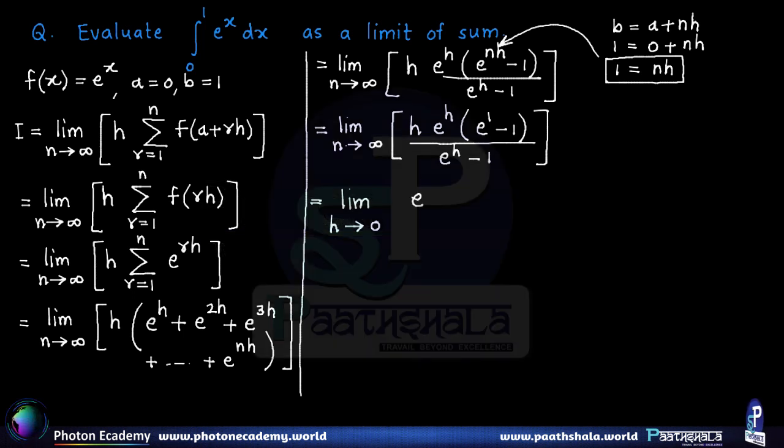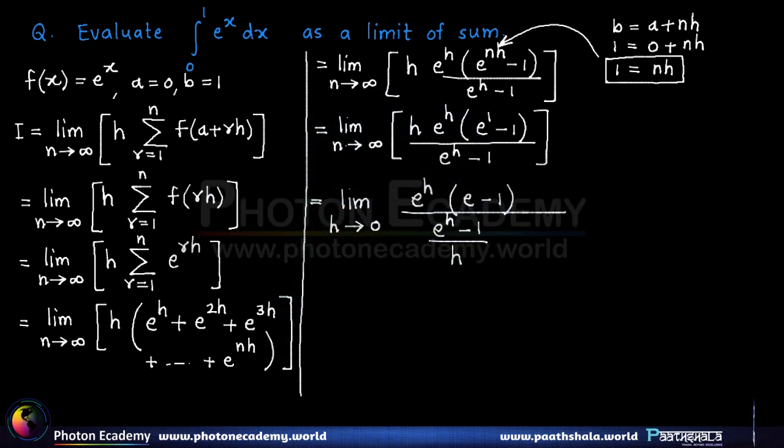Now we keep e raised to h separate, then e minus 1 is already a constant. In the denominator we adjust e raised to h minus 1 upon h. So therefore the h which was present in the numerator is taken down as the denominator of denominator, simply because as you can see in the denominator now we have a standard limit. Okay?